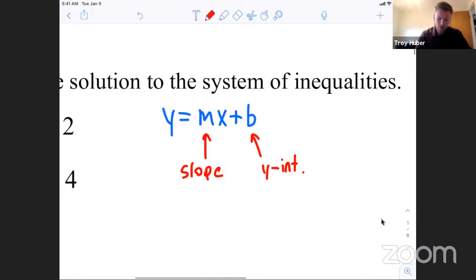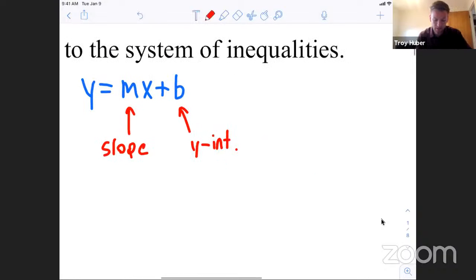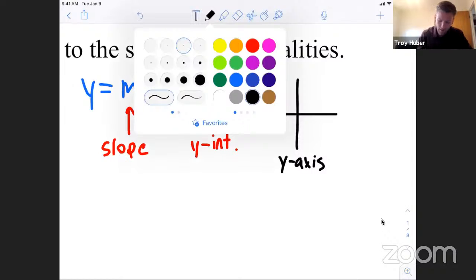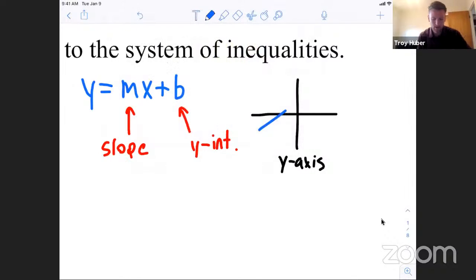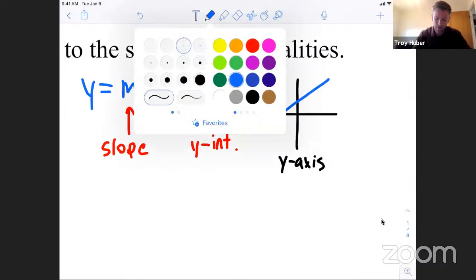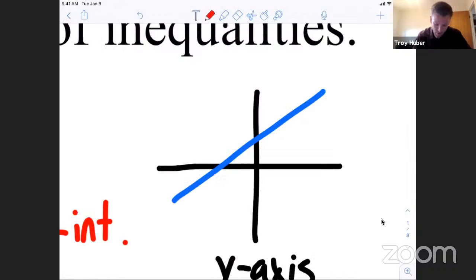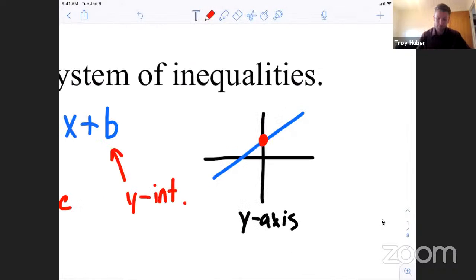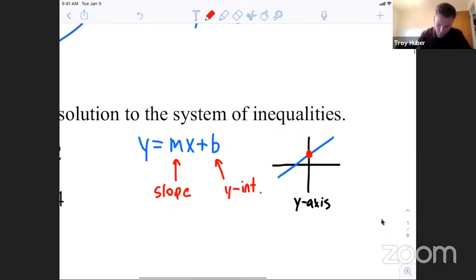Remember, y-intercept is, if we have our coordinate grid here, this is our y-axis. And if we had a graph, maybe like this here, your y-intercept is where that graph crosses your y-axis. So let's just make a little note of that.